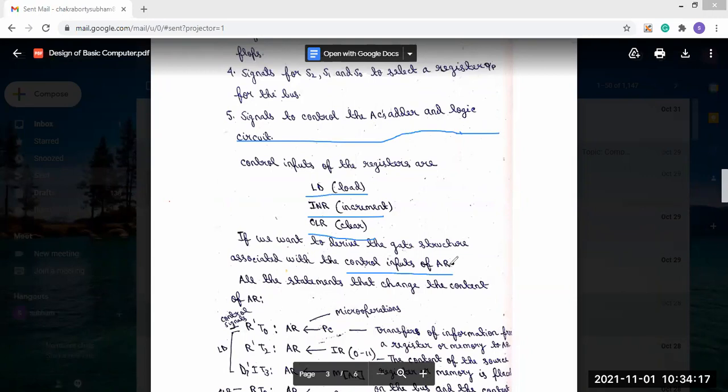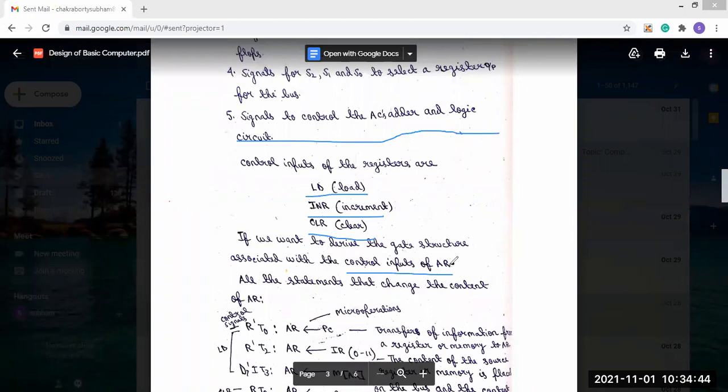In any register case we can take this, but here as an example we take the address register, which is among the 9 registers necessary for designing the basic computer.